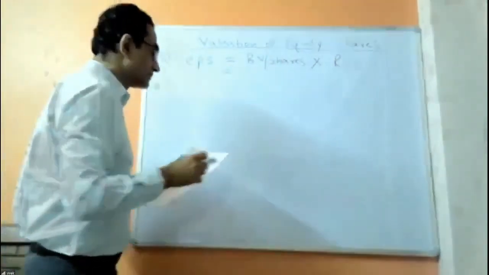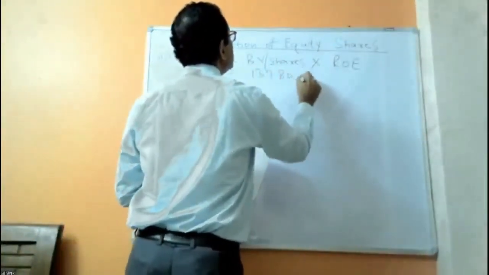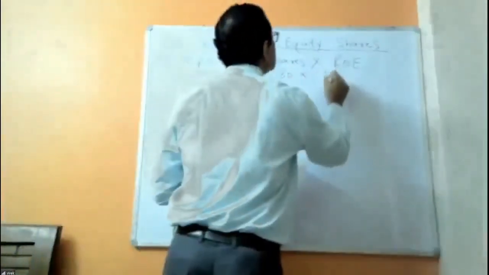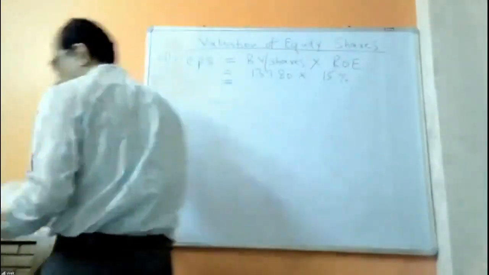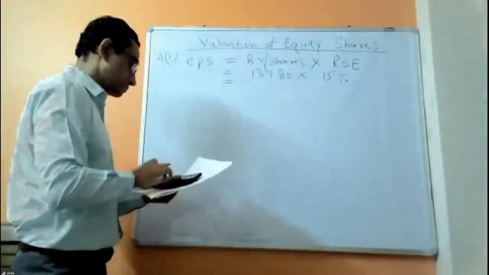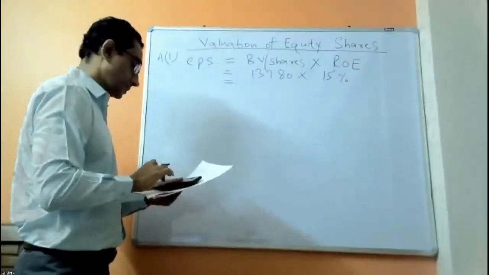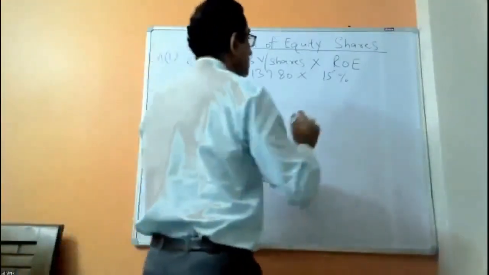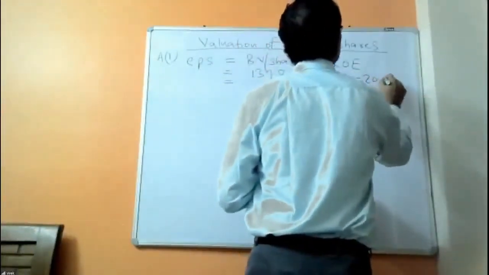Book value per share is given in the question, 137.80, and return on equity figure is 15%. So let us calculate this. It is coming to 20.67.